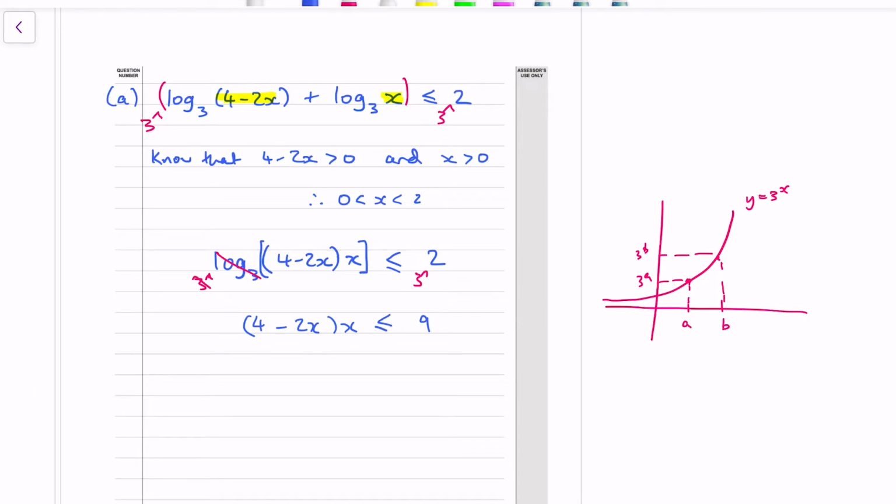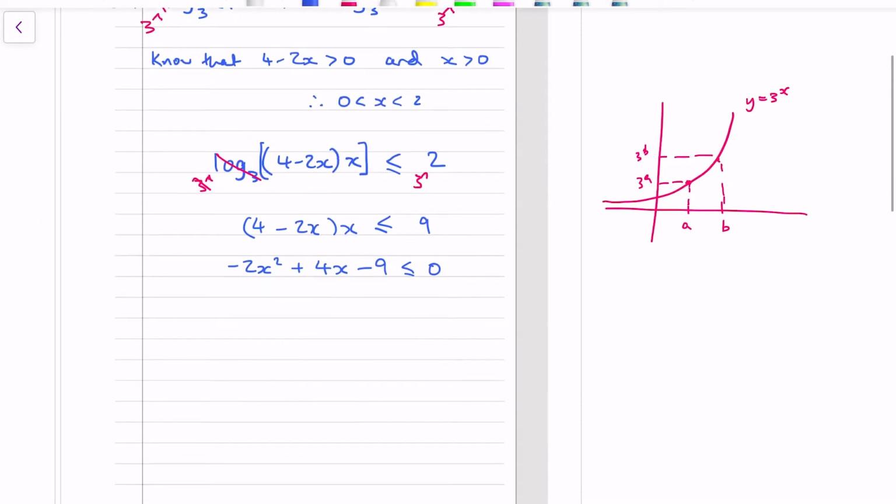So we end up with a quadratic inequality, minus 2x squared plus 4x minus 9 less than or equal to 0. And this is an upside down parabola, and we need to find out where it's less than or equal to 0. It turns out it's a trick question, it's always less than or equal to 0.